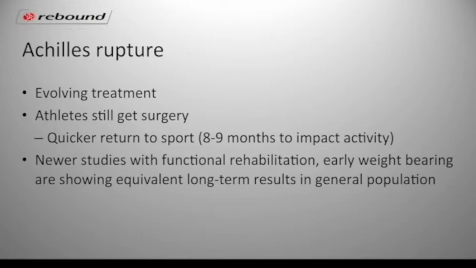Now, still, athletes, people who want to get back as quickly as possible to their athletic endeavors, will generally opt for surgery, and I always give people the option of what they want to do. We think we can get them moving a little faster with surgery, potentially back to sports sooner, especially in those people who make a living based on their ability to run and jump.